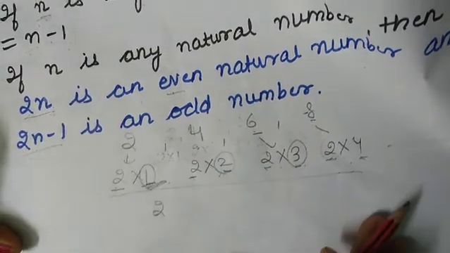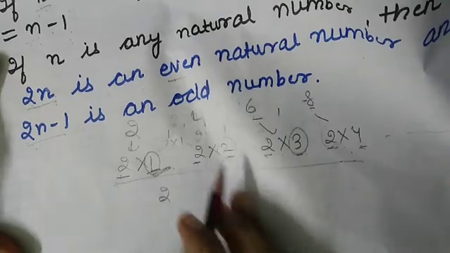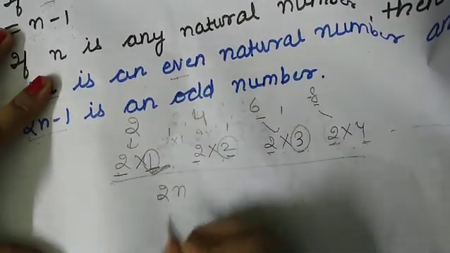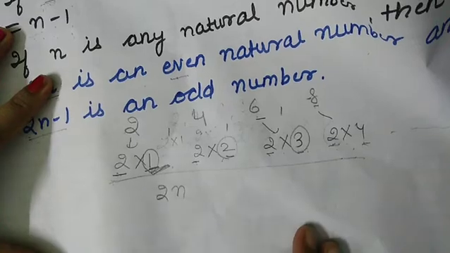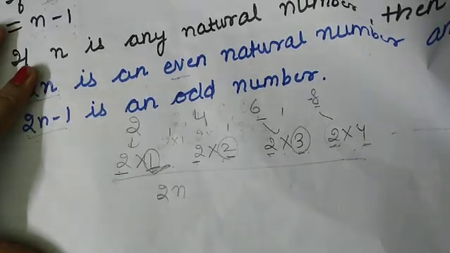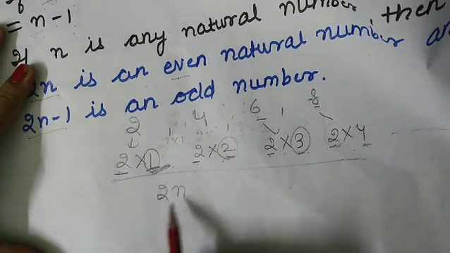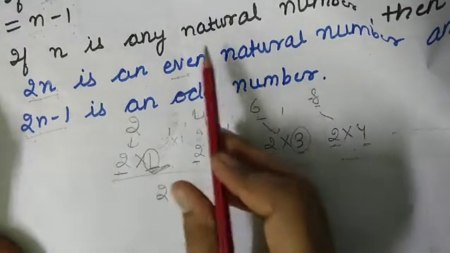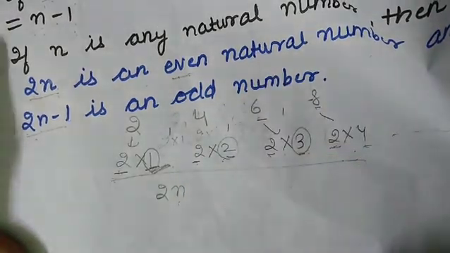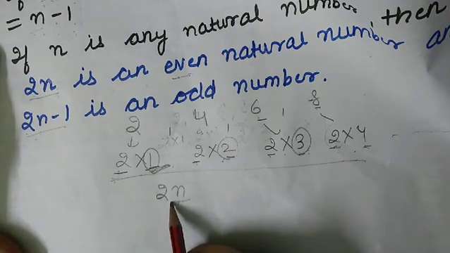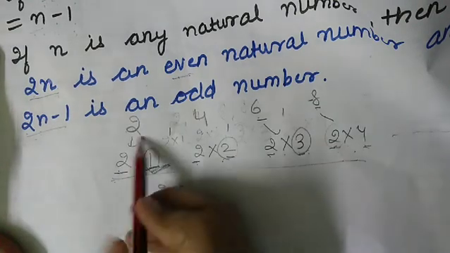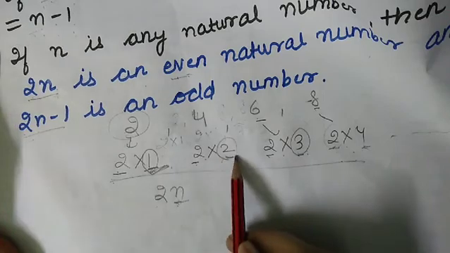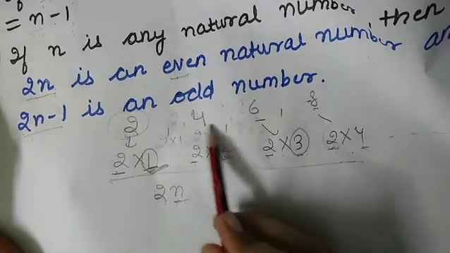So in general form, I can write the series of even numbers as 2n, that is 2 into n. If you start by putting n equals 1, because n is a natural number, it will be 2. If you put n equals 2, that is 2 into 2, it will be 4.